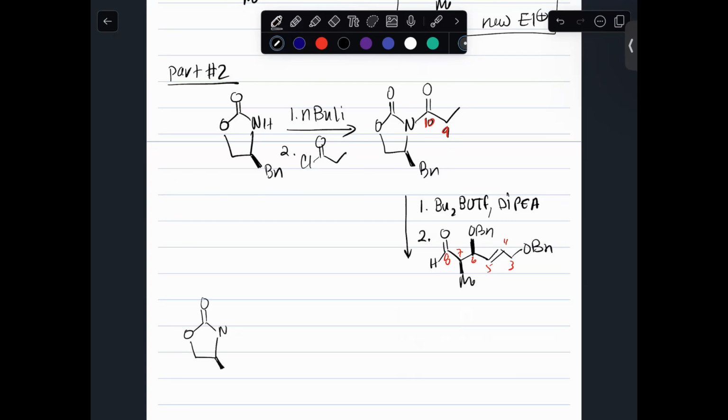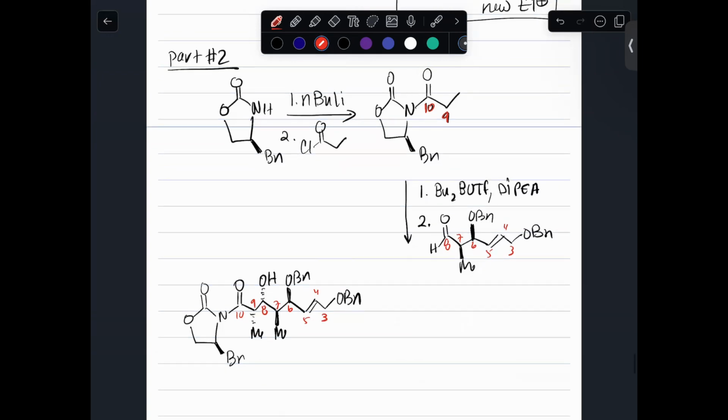And our product looks as follows. Just like before, I need to protect this alcohol, and this is where we introduce our trimethylsilyl chloride.